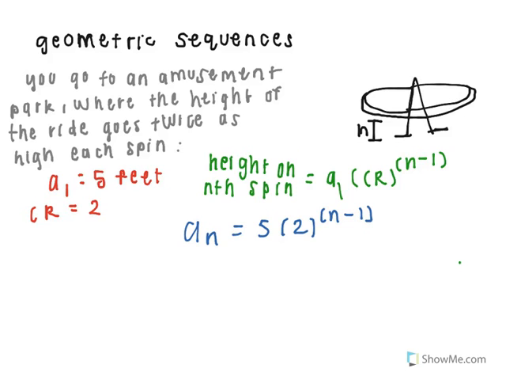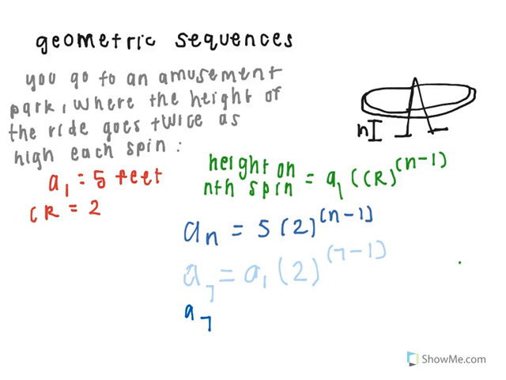So, if we were to find the height on the 7th spin, our equation would be a sub 7 equals a sub 1 times 2 to the 7 minus 1 power.